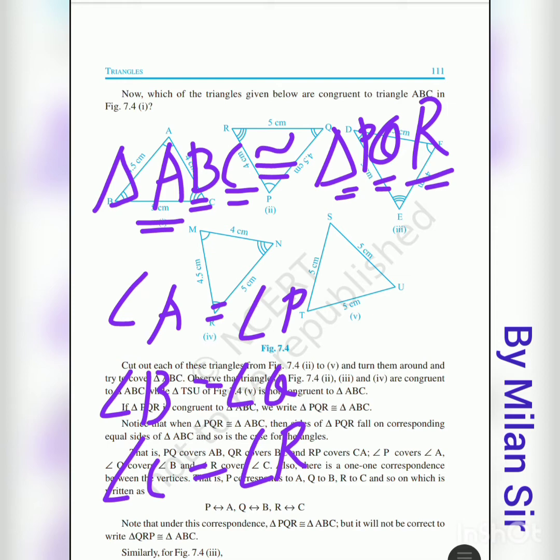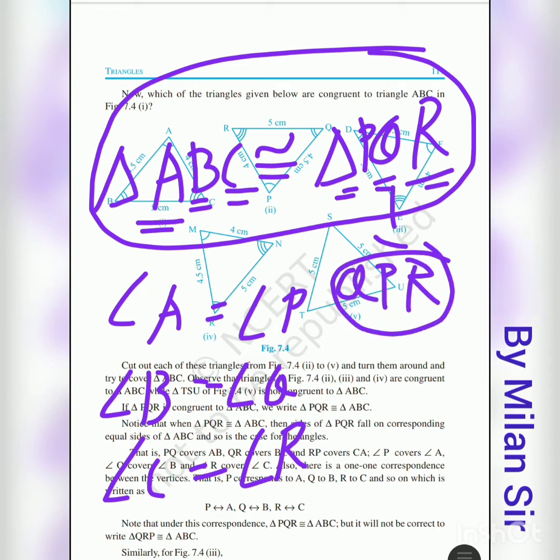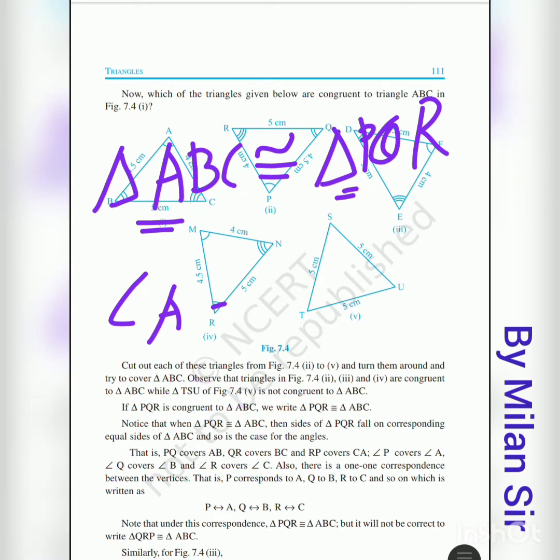That means we also need to check the sequence. First of all, we write the congruent triangles this way: triangle ABC, then the congruency sign, and the second triangle PQR. It is not always necessary that triangle ABC is congruent to triangle PQR. Here we can write it like QPR too, but we just need to follow the sequence of corresponding parts. From here we cannot say that AB is equal to QR.